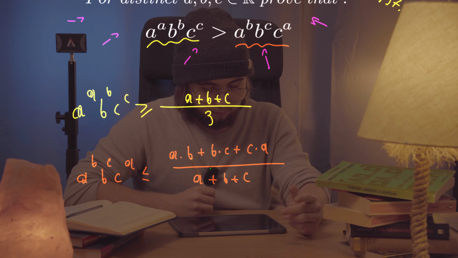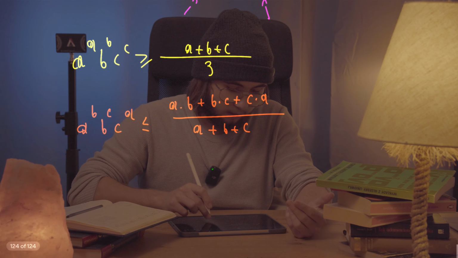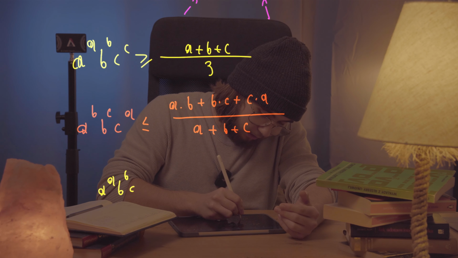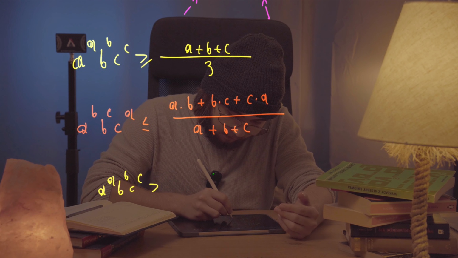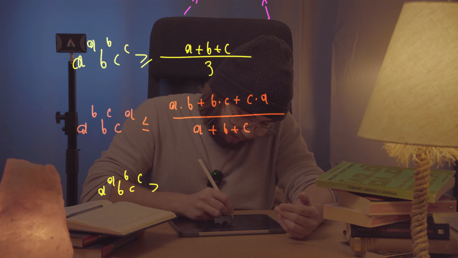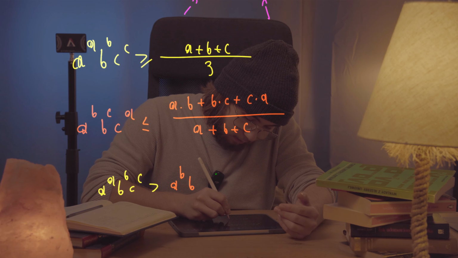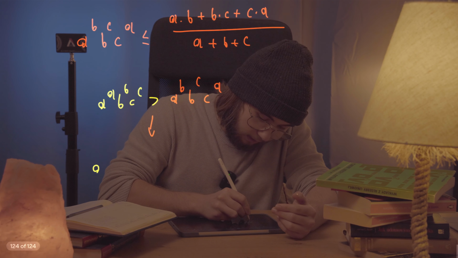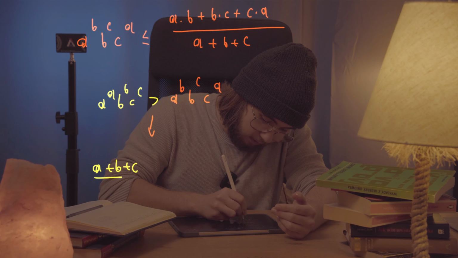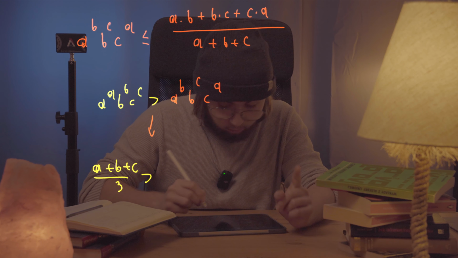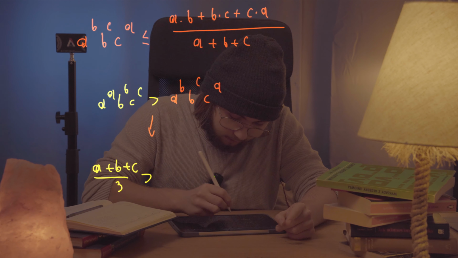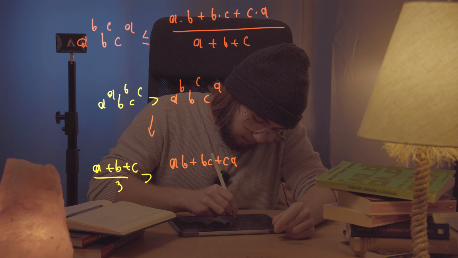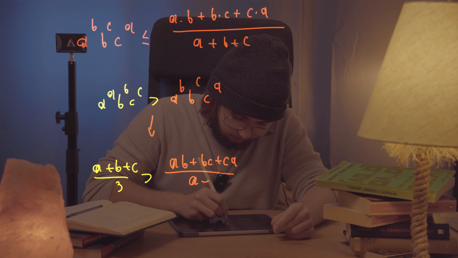So now, if we want to prove that a to the a, b to the b, c to the c is greater than a to the b, b to the c, c to the a, we actually have to prove that a plus b plus c all over 3 is going to be strictly greater than ab plus bc plus ca, all over a plus b plus c.